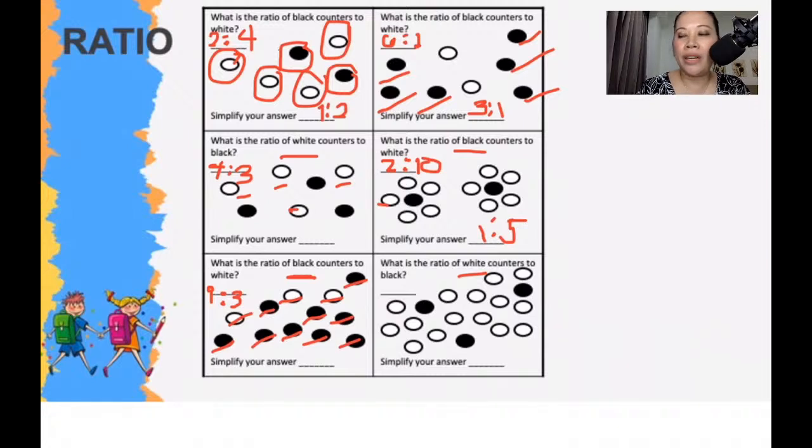So we count the white first. You have 1, 2, 3, 4, 5, 6, 7, 8, 9, 10, 11, 12, 13, 14, 15. So we have 15 whites, and then you have 1, 2, 3 black. So 15 white and 3 black.